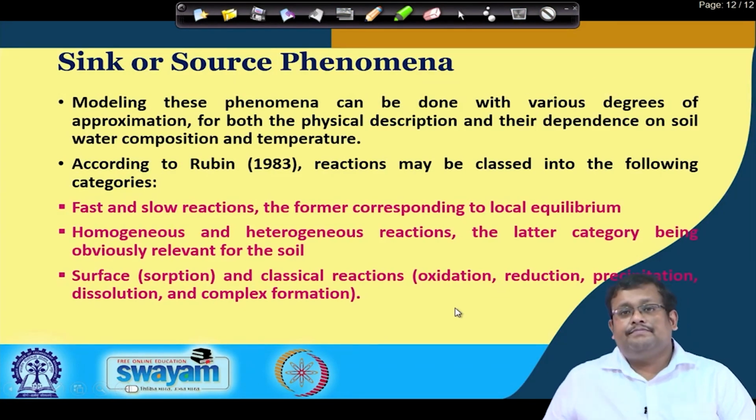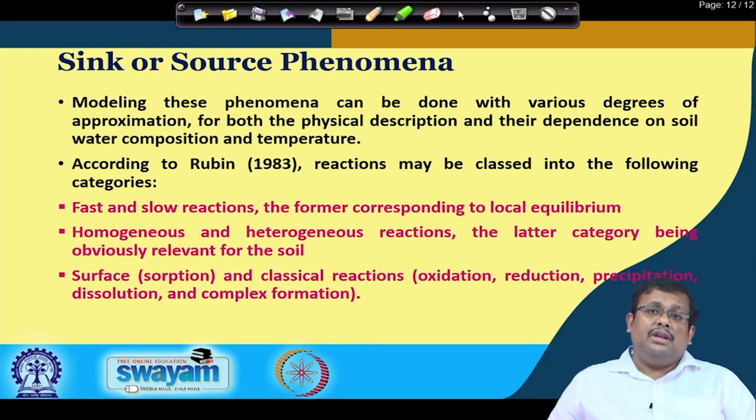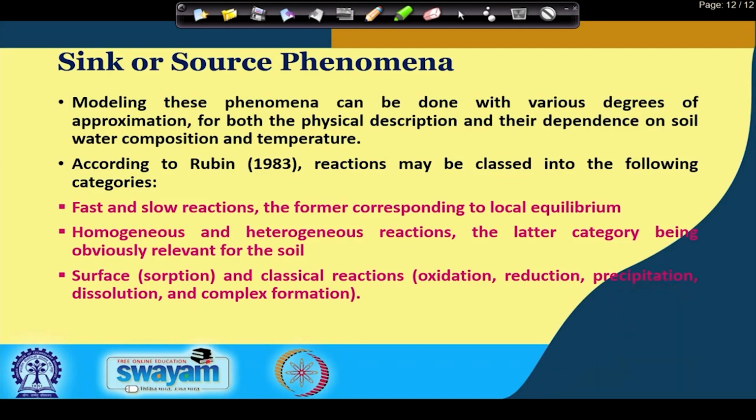Now, modeling these sink and source phenomena can be done with various degrees of approximation of both the physical description and their dependence on soil, water, composition and temperature. Now, according to the scientist Rubin, reactions may be classed into the following categories.